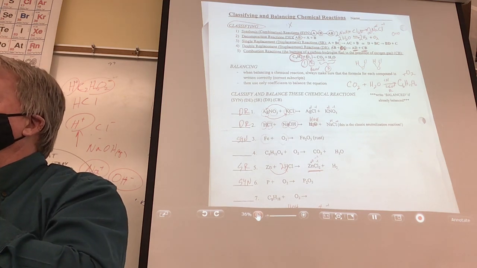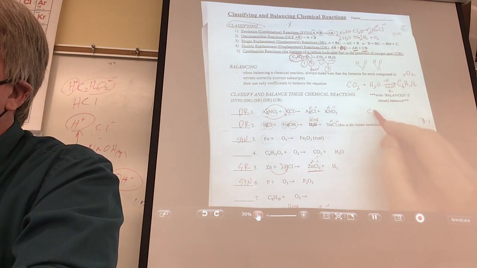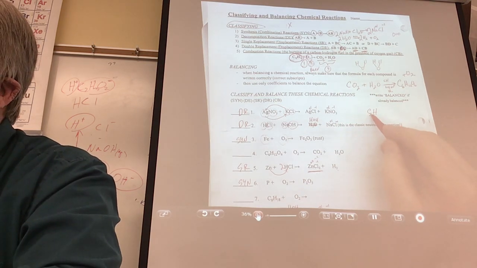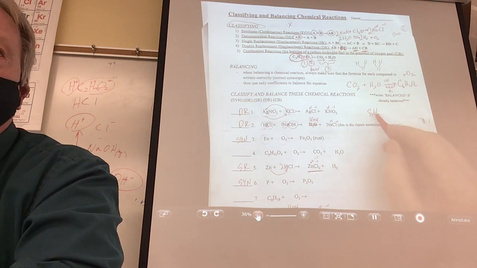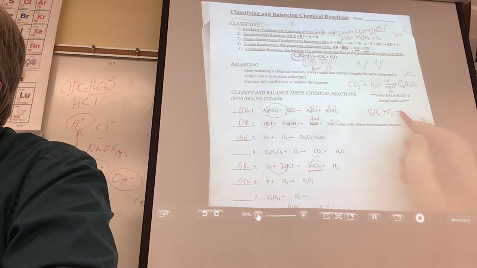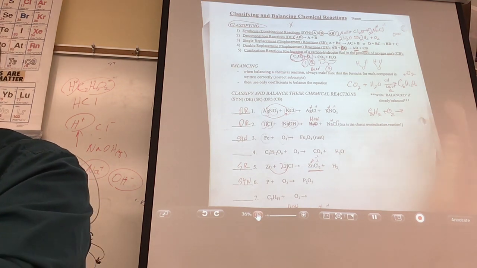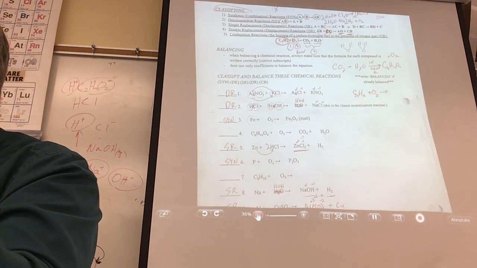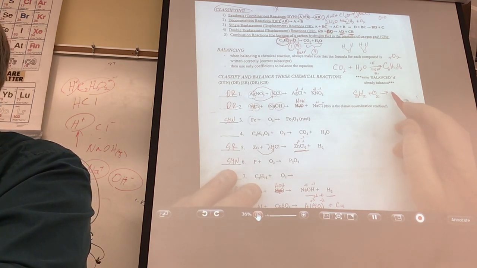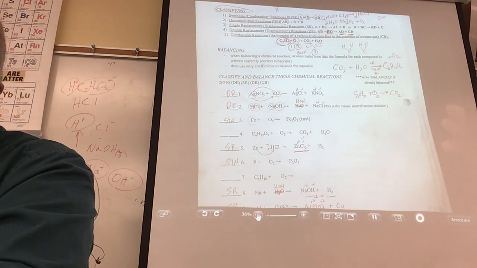When you did the candle lab at the beginning of the year, candles are made of C and H. It might have been C25H52, but they were made of C and H. And what did you do with your candle? You burned it. What does that mean in chemistry? You let it combine with oxygen from the air. And what were the products? You don't see CO2, do you?